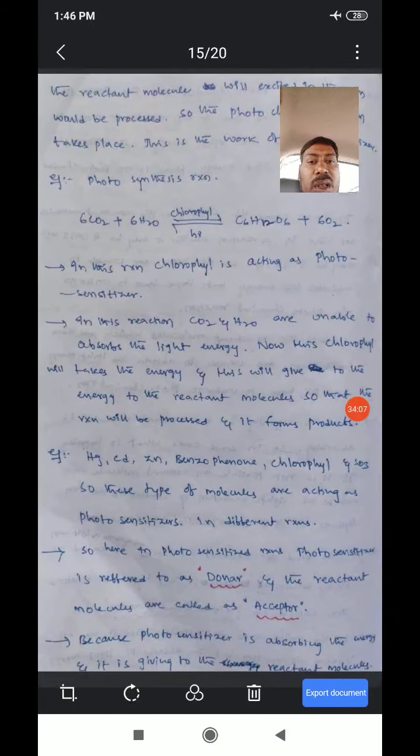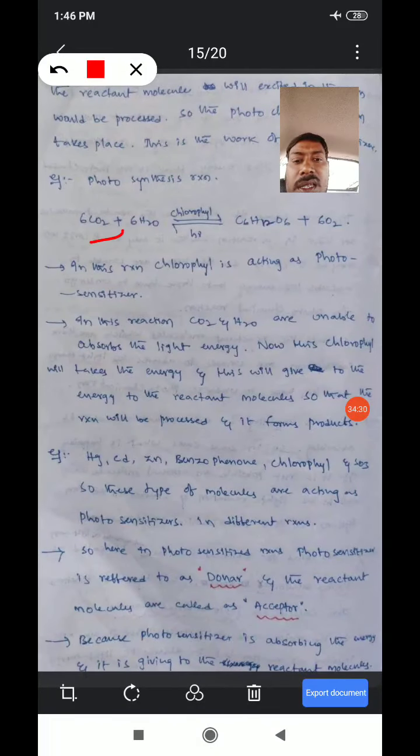For example, we see the photosynthesis reaction. In this reaction, 6CO2 reacts with 6H2O in the presence of chlorophyll and light, and forms carbohydrates.